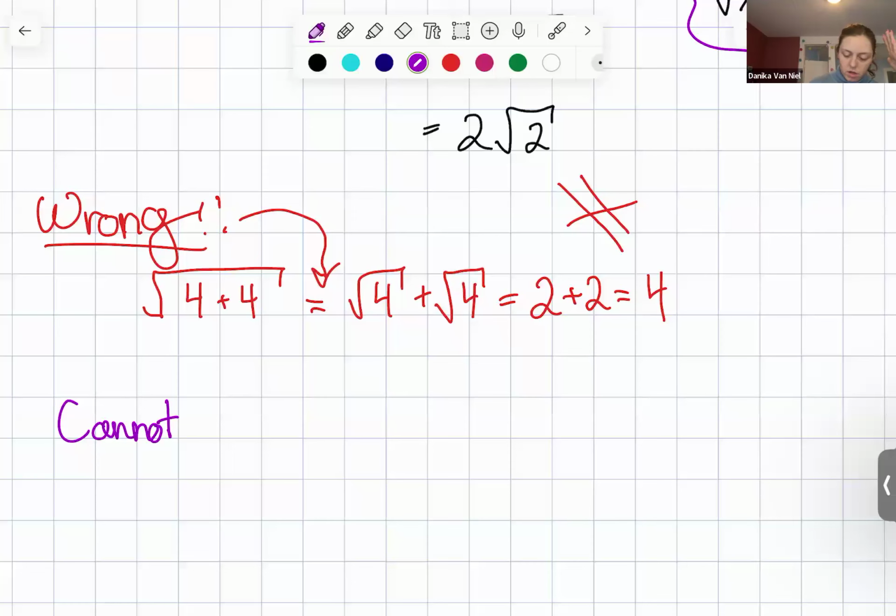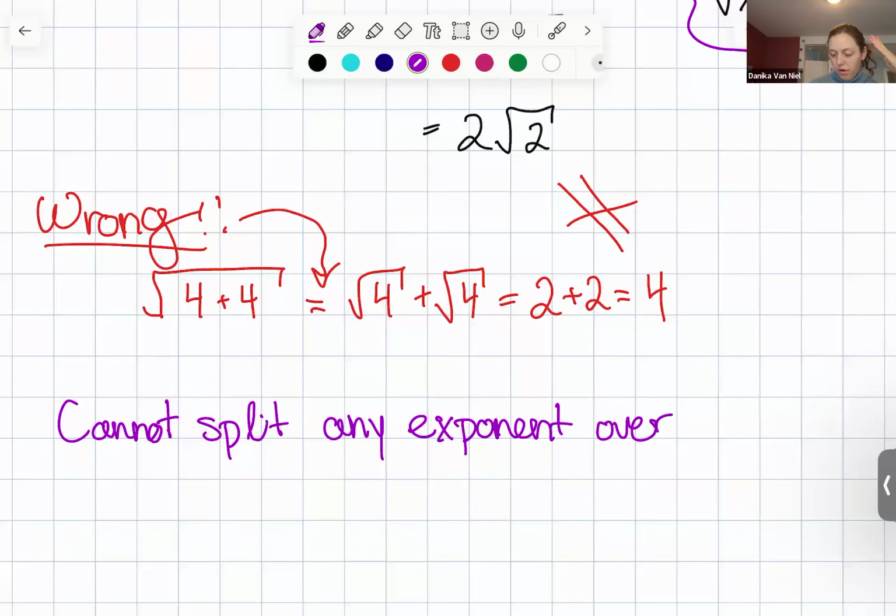Cannot split or distribute or however you want to think about it any exponent over addition or subtraction, but you can over multiplication and division. That's fine.